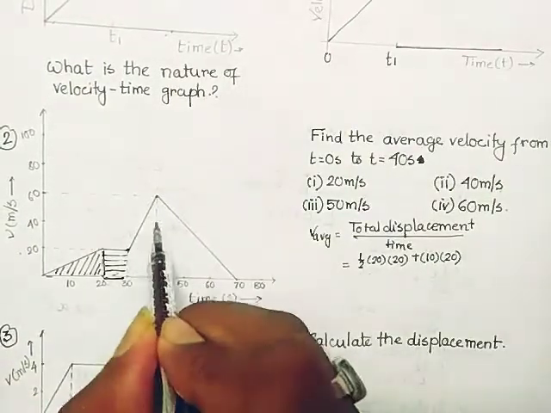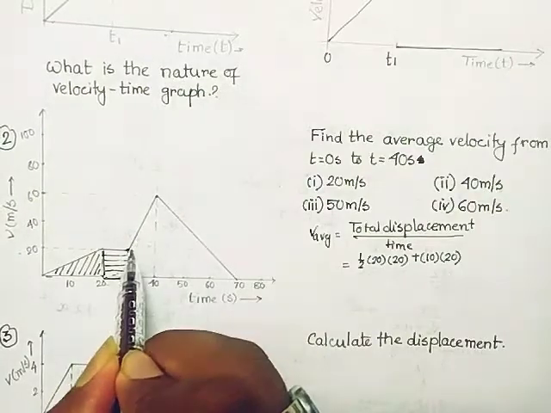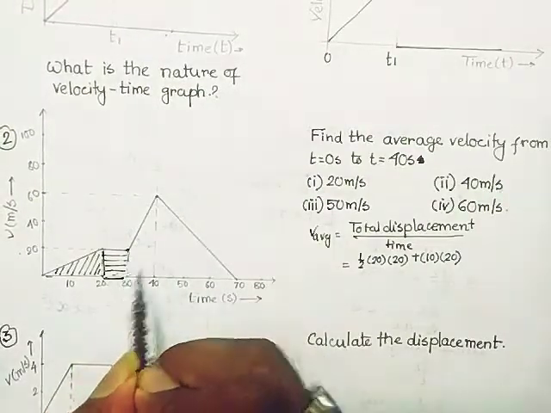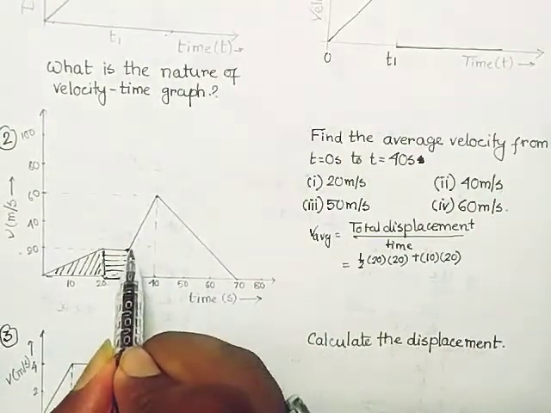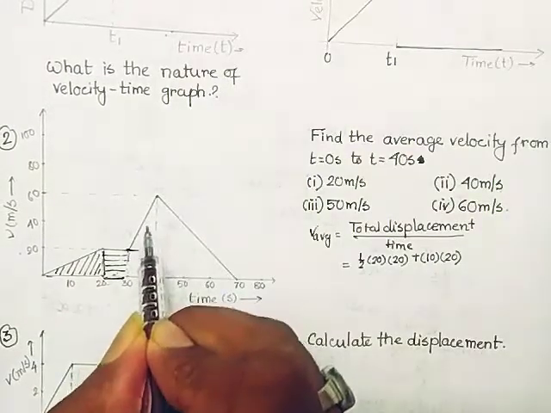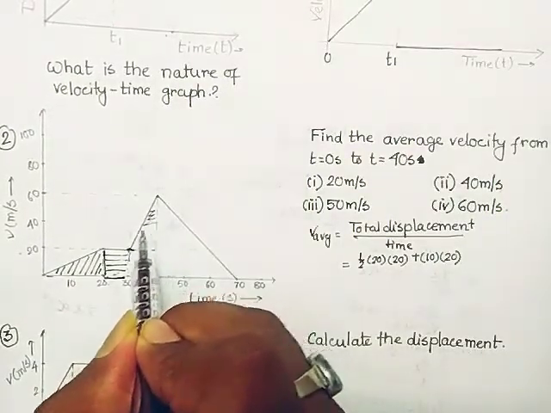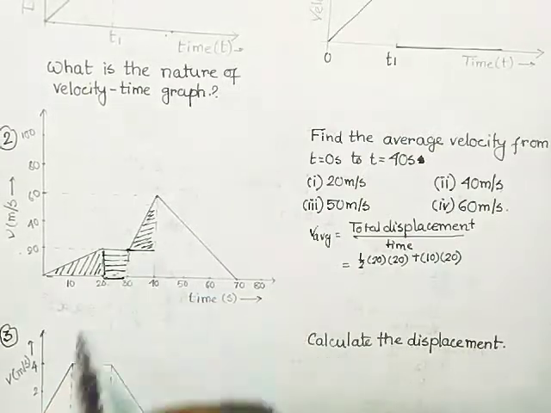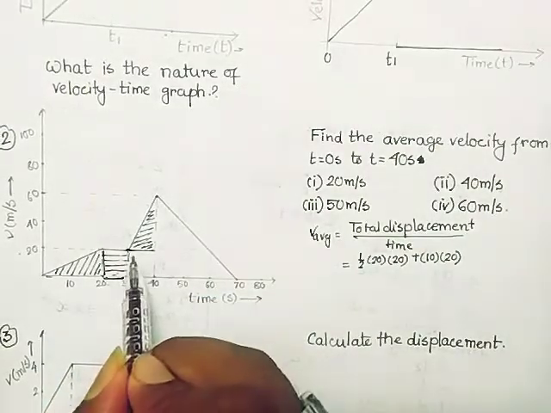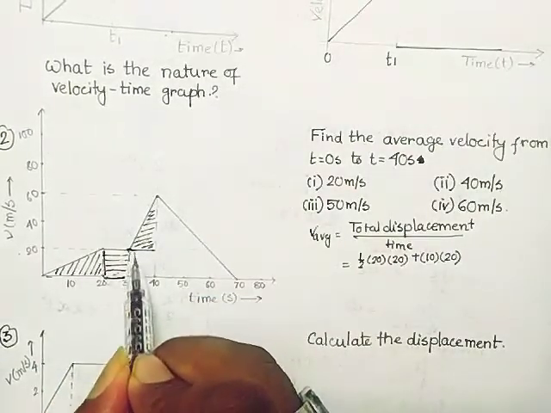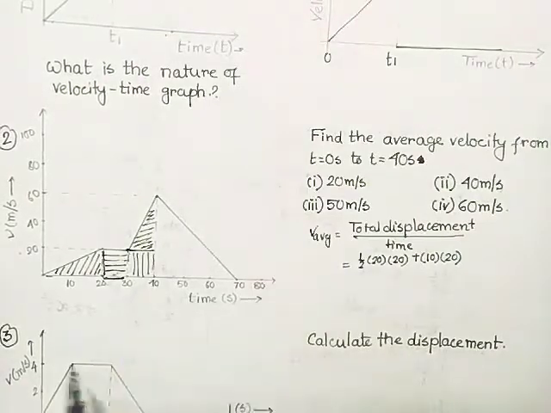After that, I am considering this section. In this section, this trapezium can be considered as a combination of two geometrical figures. It is a triangle, and this is a rectangle.